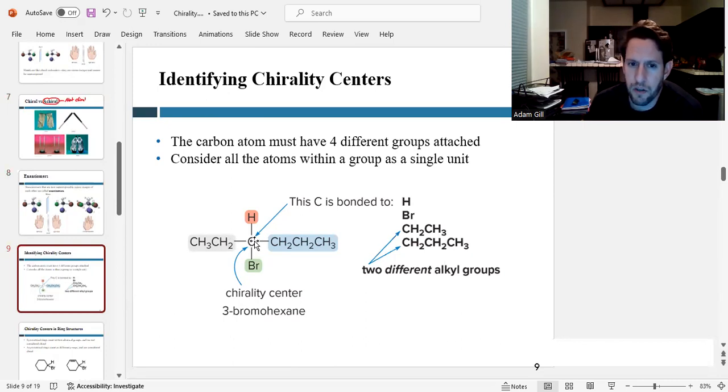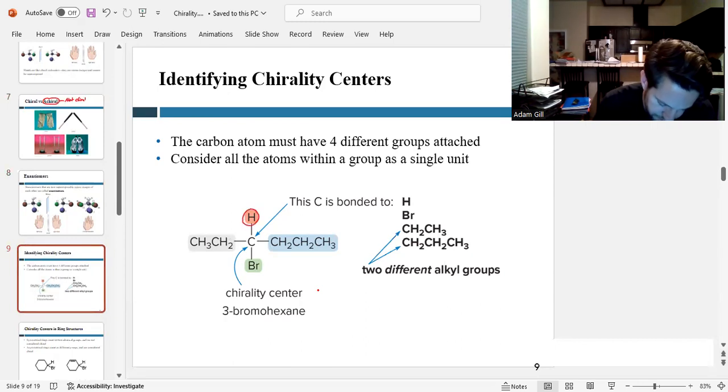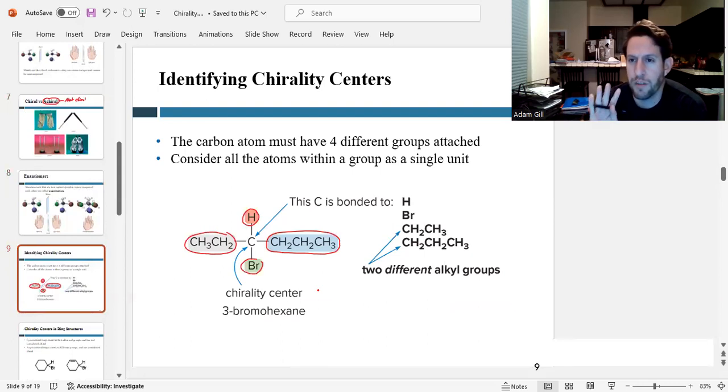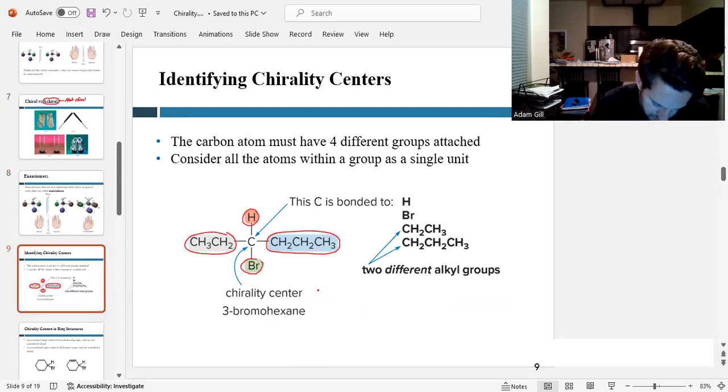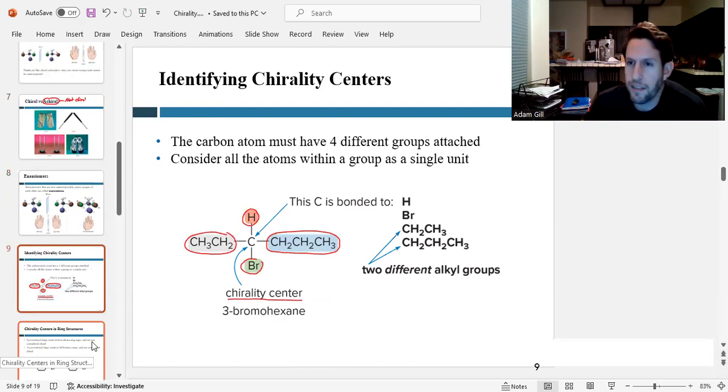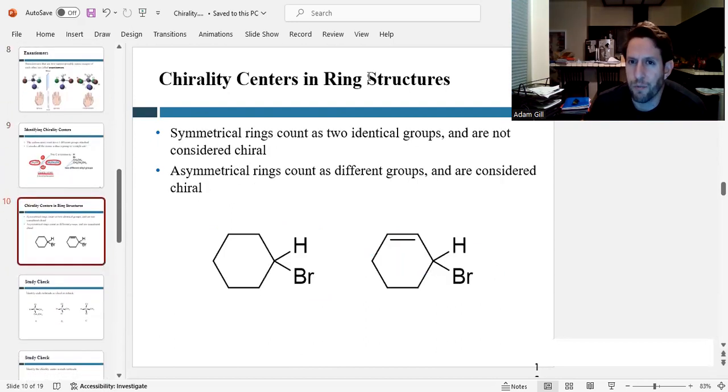If we're looking at this carbon here, it's bonded to a hydrogen on top, a bromine on the bottom, an ethyl group on the left, and a propyl group on the right. That is 4 different groups. And so this carbon here in the middle is a chirality center. Now, this can get trickier when you have ring structures.